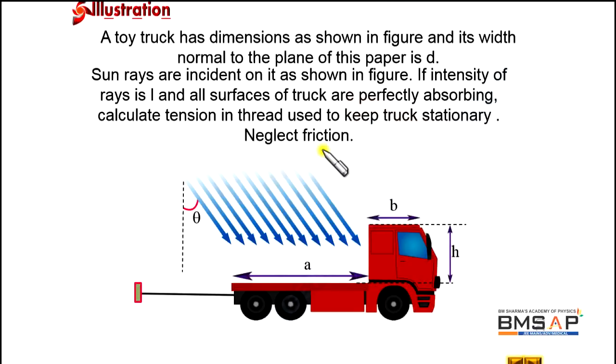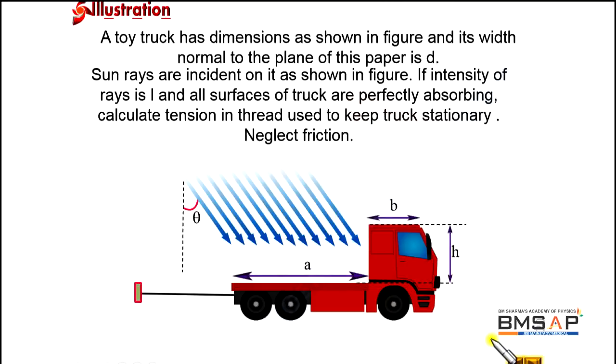And we know the truck is perfectly black. That means the final momentum reduces to 0 because all the photons are absorbed by the surface. That means final linear momentum will be 0. It means the rate of change of the momentum of the light is equal to the momentum of the photons incident per second, right?